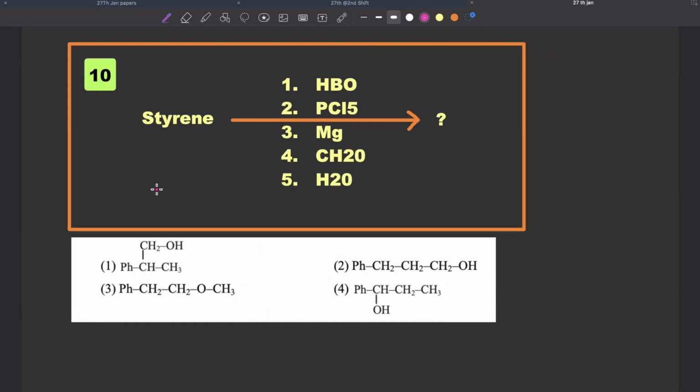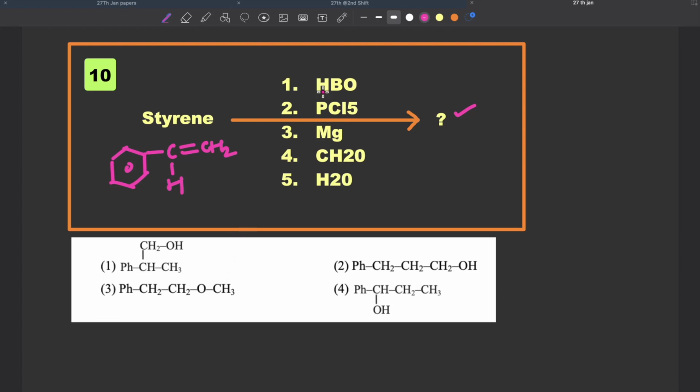Yeah, this is a pretty good example. Styrene. Styrene is benzene having a vinyl group. So this is styrene. Styrene is treated with 5 different reagents and we have to predict the final product here, and 4 options are given. Right.